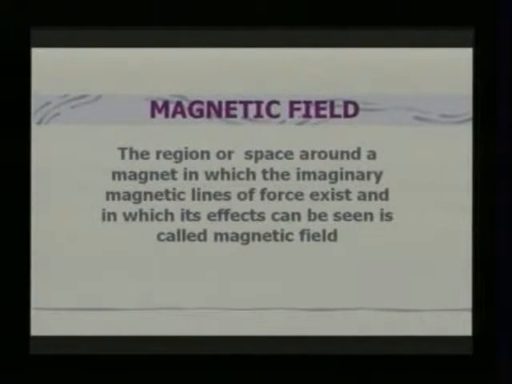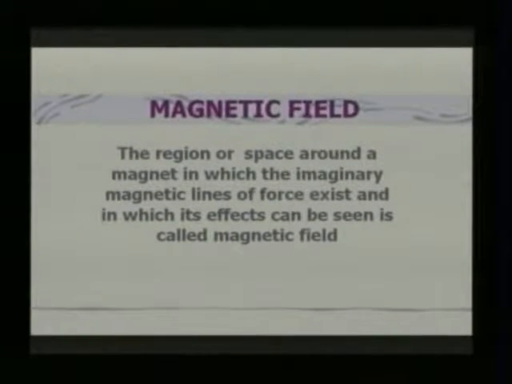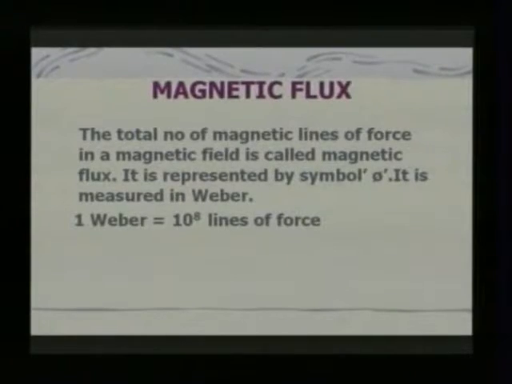Now the definition of magnetic field: the region or space around a magnet in which the imaginary magnetic lines of force exist and in which its effects can be seen is called magnetic field. Now we will define magnetic flux.